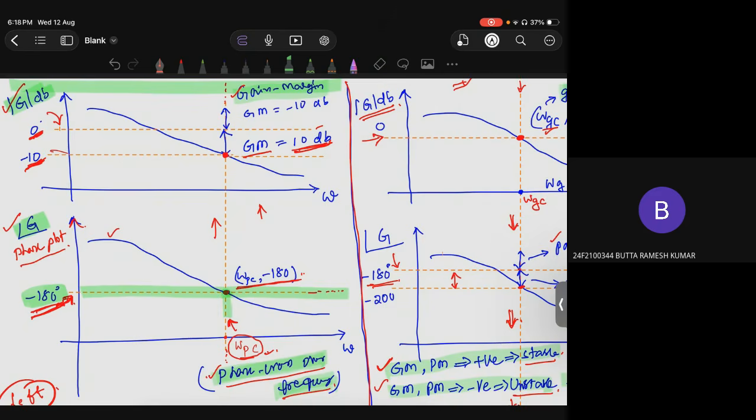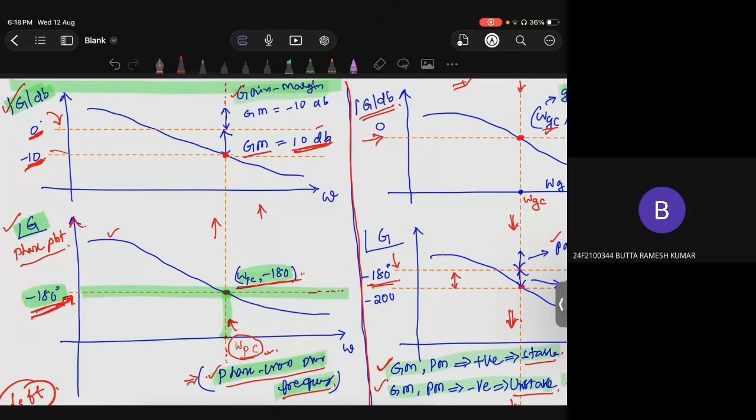From this point, find the frequency. That coordinate is nothing but omega PC at minus 180. Is this clear? That will be your phase crossover frequency. The phase crossover frequency is the frequency at which the angle is minus 180.